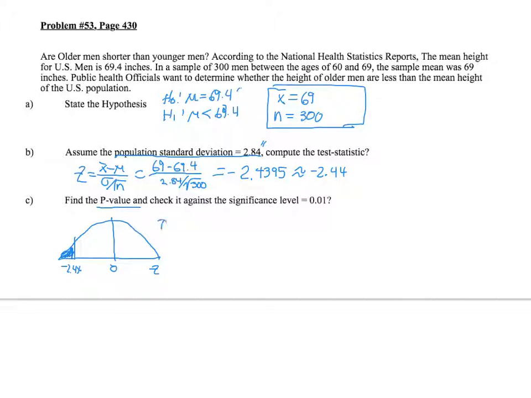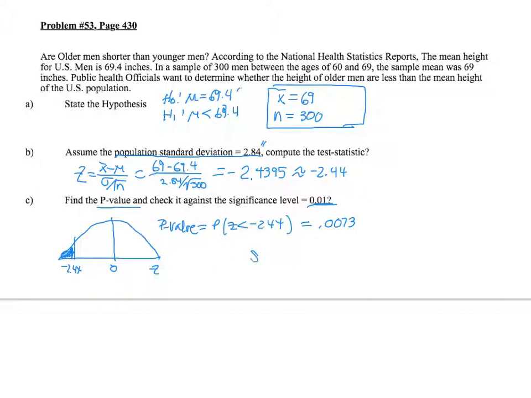So the p-value is equal to the probability that Z is less than negative 2.44, and in this case, we get 0.0073.